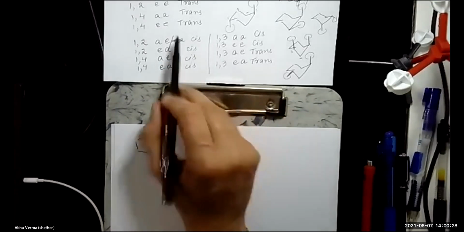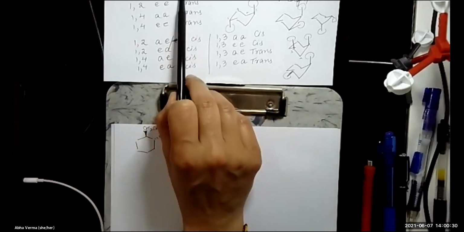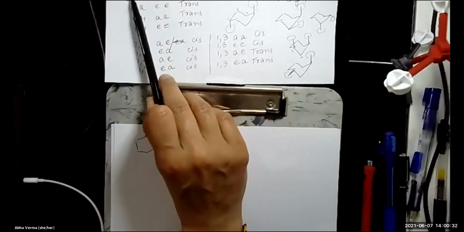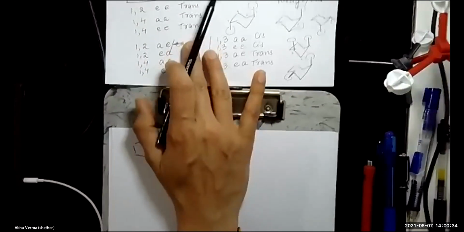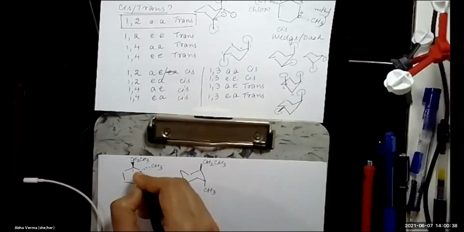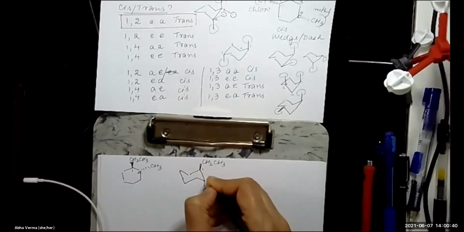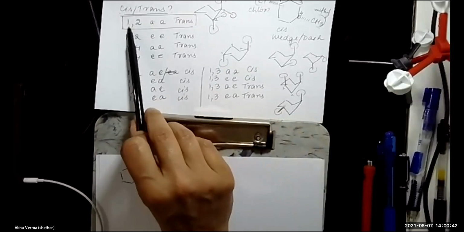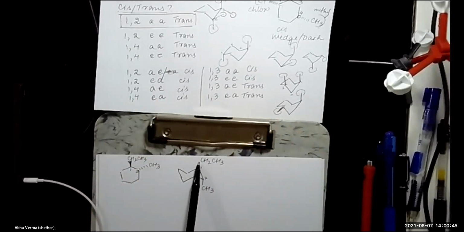So what has happened? Trans in axial position, 1, 2. Can you all see this? So they are 1 and 2. On carbon 1, it is in axial position. Carbon 2 is also in axial position. They are trans to each other.